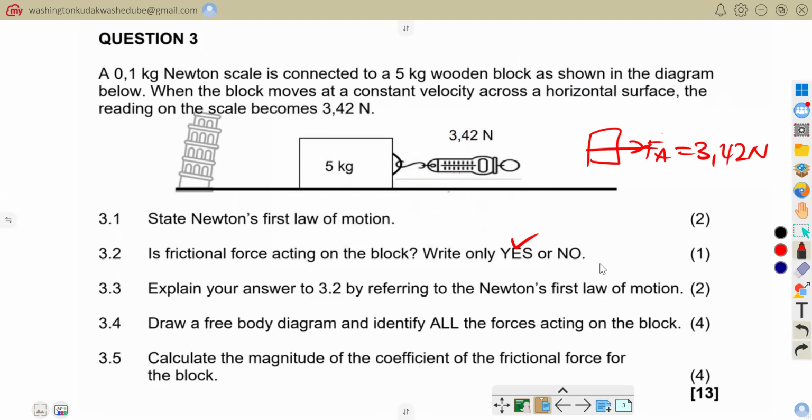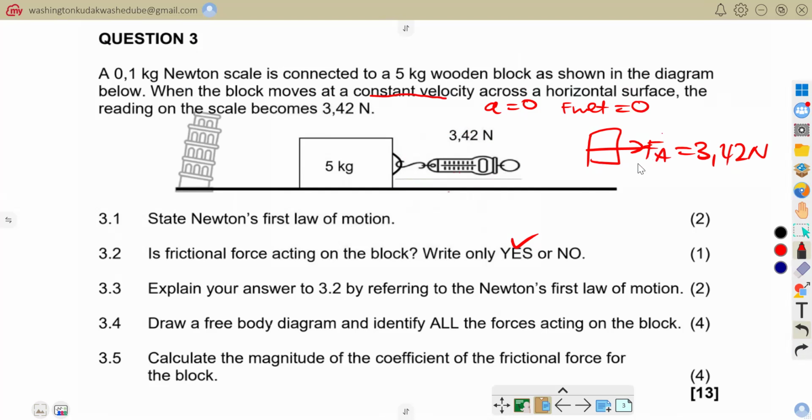Now, they are telling us that this object is moving at a constant velocity. Constant velocity means that acceleration is equal to zero, and acceleration equal to zero means that our net force is equal to zero. Therefore, the vector sum of forces is equal to zero.